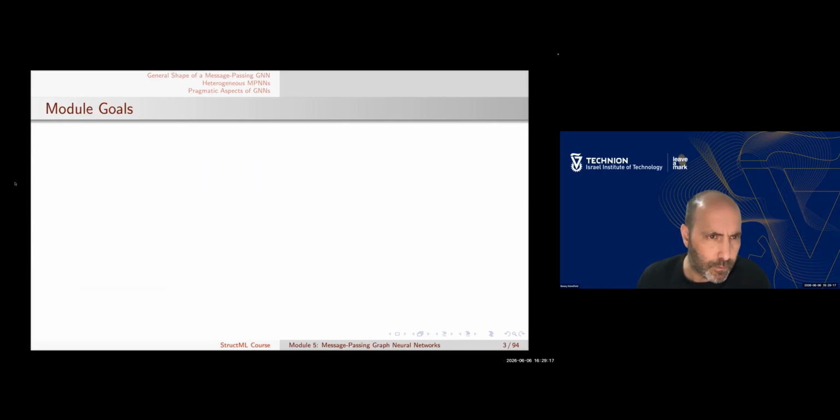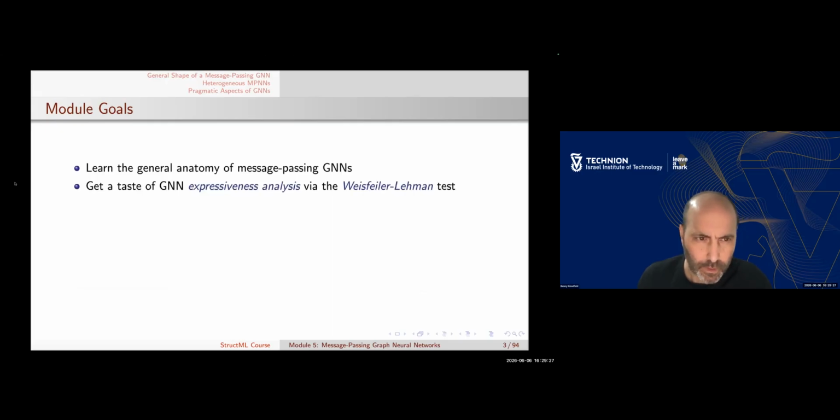So what are the goals of the module? We'll start by understanding the general structure, the general anatomy of message passing GNNs. We'll do an analysis, basically get an intuition about what you can express with MPNNs, message passing GNNs, by using the Weisfeiler-Lehman isomorphism test.